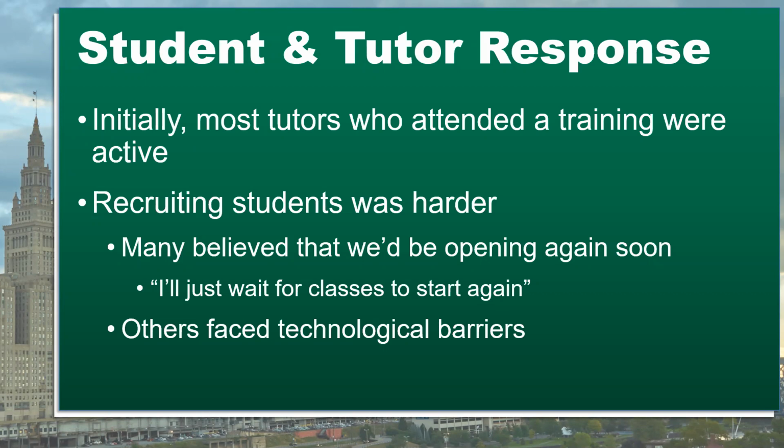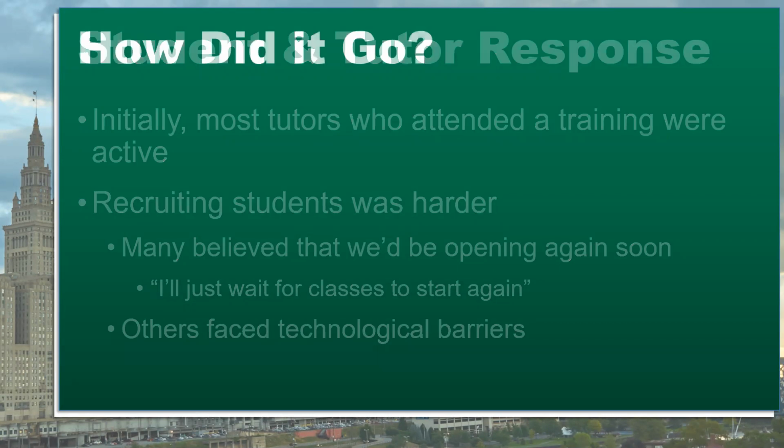A lot of people had trouble maintaining a connection. People that accessed it on their phones, sometimes they'd be in places that didn't have the best reception, so they would get garbled or only partial of what they were intending to get. The phones also provided technological barriers that we just did not expect, with students being able to access the schedule of who was available and all of that.